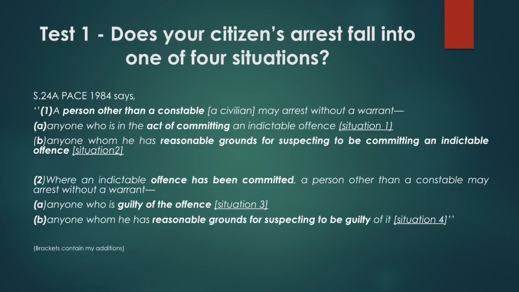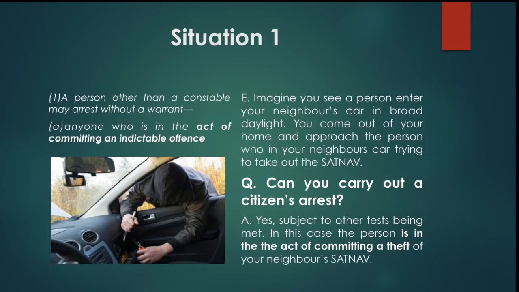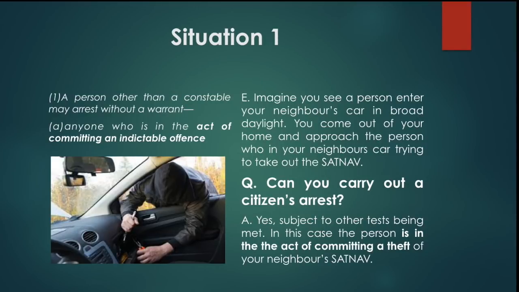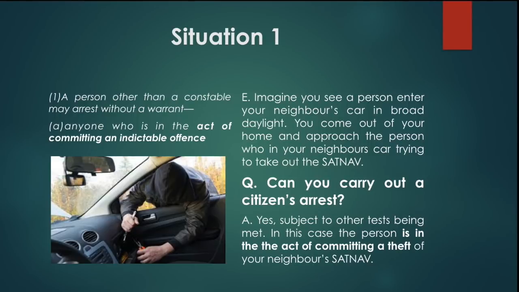Let's now turn to look at the 4 situations in some detail when a citizen's arrest can be made and give an example of each situation. Situation 1. Section 1A says a person other than a constable may arrest without a warrant A. Anyone who is in the act of committing an indictable offence.